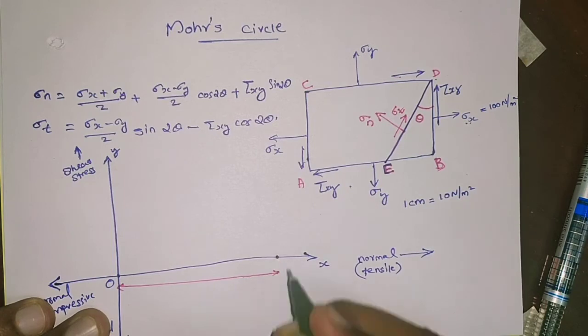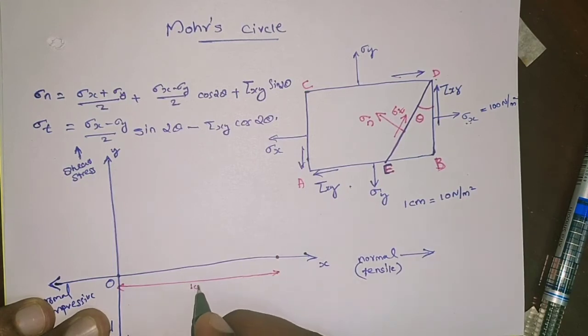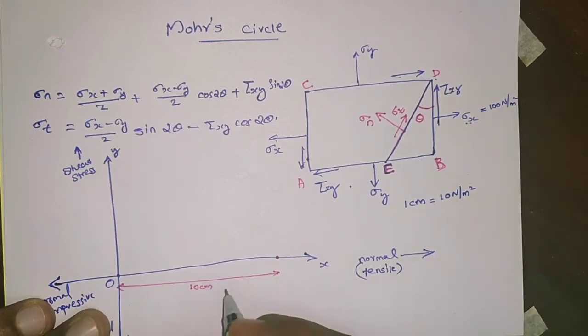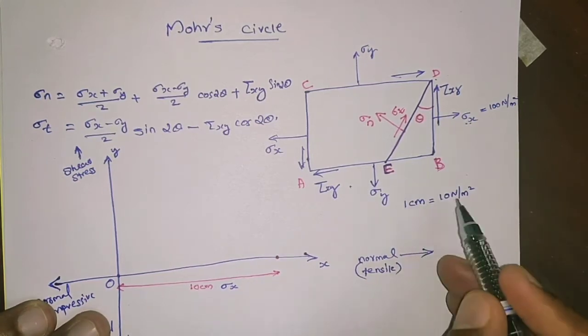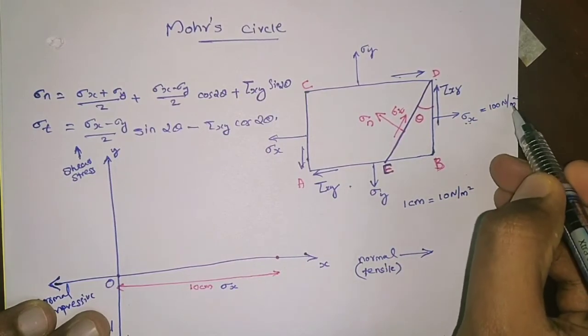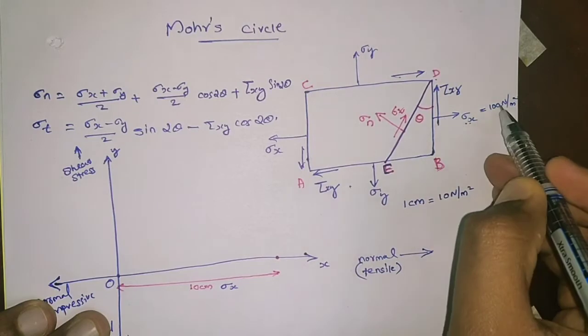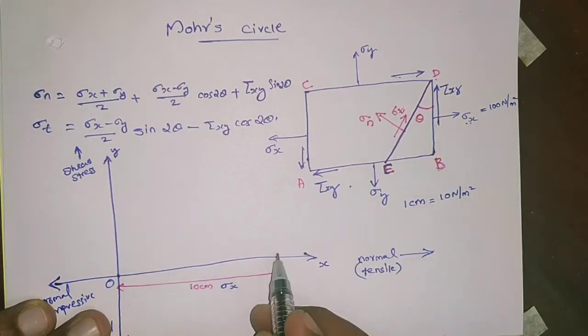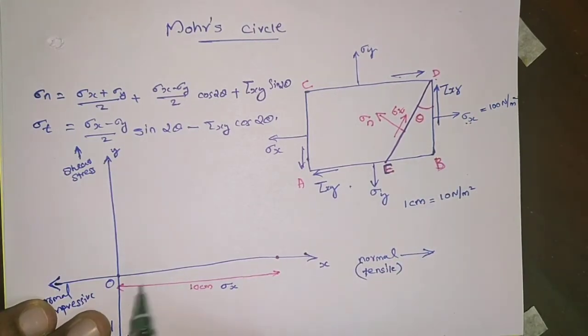This point is equal to 10 centimeter, that is equal to sigma x. Because 1 centimeter is equal to 10 Newton per meter square, but here it is 100 Newton per meter square, and this is tensile in nature. That is why we represent it in the positive x dash, which is a normal tensile.